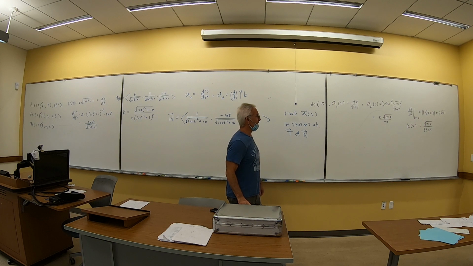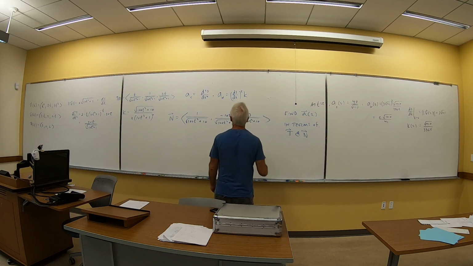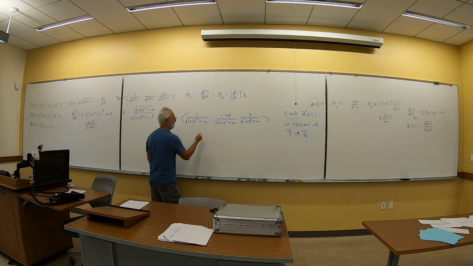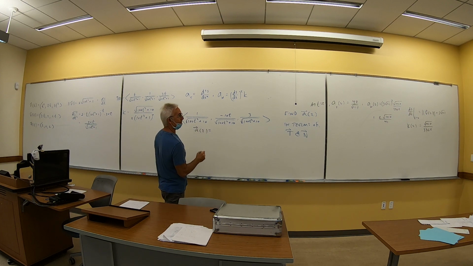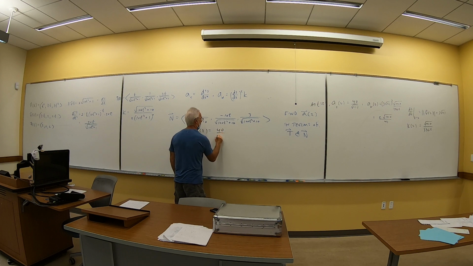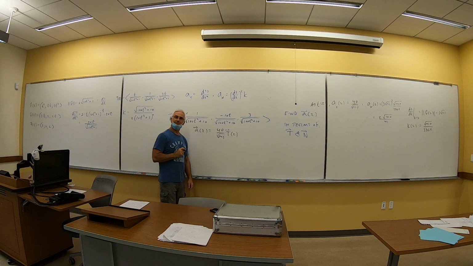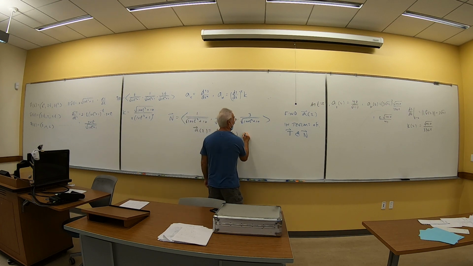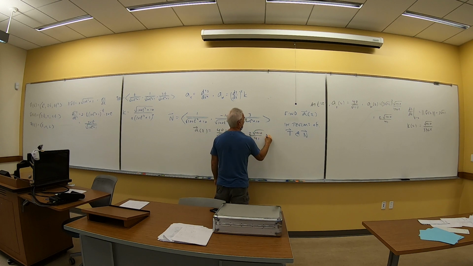Okay, so we got everything we need. So what is the answer? The answer is a of 2 is 40 over root 41 times T of 2 plus 2 root 410 over 41 times N of 2.